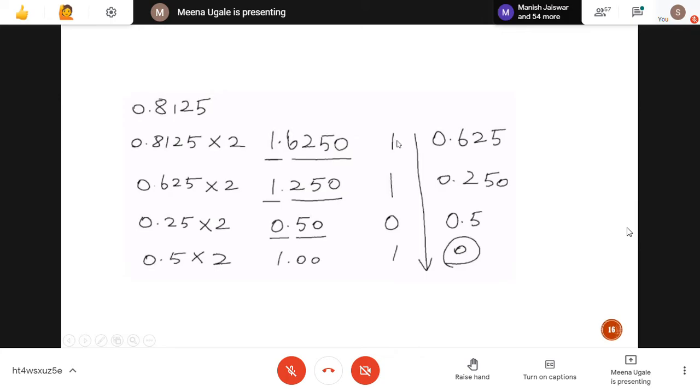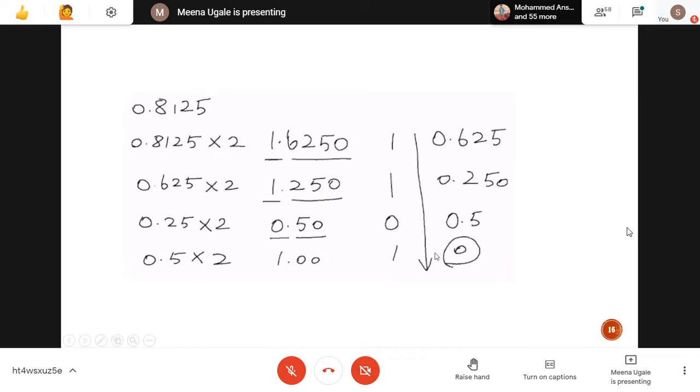So what I am getting is 1.6250. I write 1 and 0.6250 again I am going to multiply by 2. I will get 1.250, write 1, then 0.250 I will again multiply by 2, and likewise you continue till you get 0 here. Once you get 0, you stop, and then read it from top to bottom.